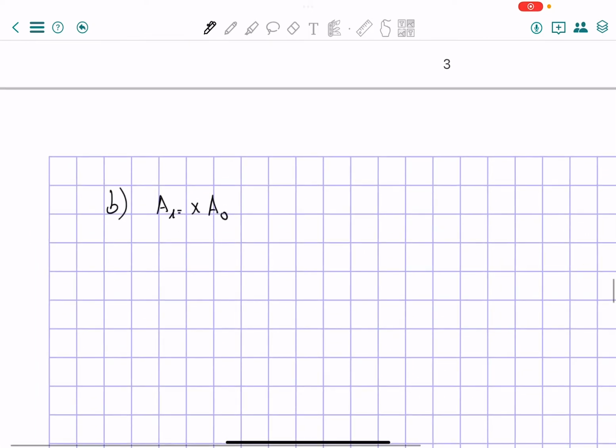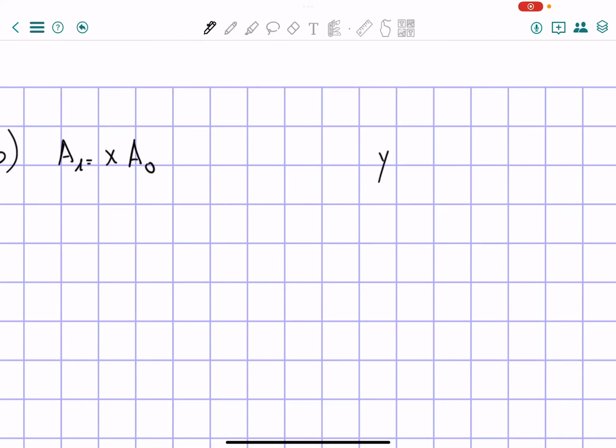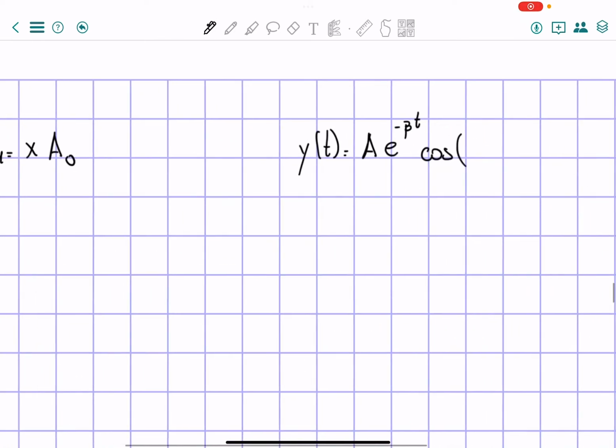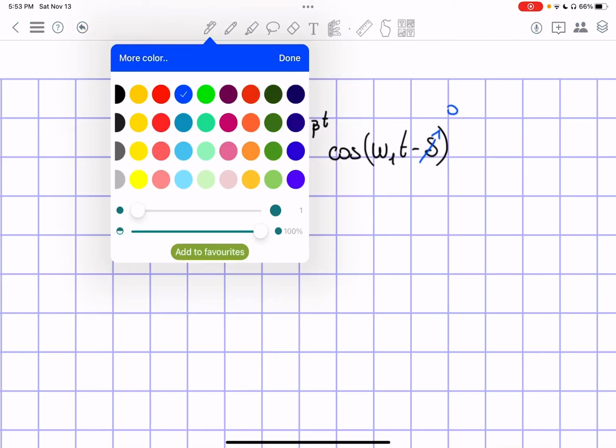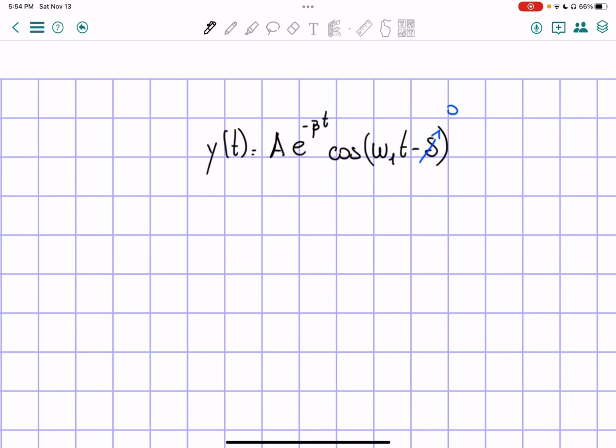Our general solution would be something like this: y of t is equal to A, which is our amplitude, times e to the power of negative beta t, times cosine of our frequency omega 1 times t minus a phase shift. Now the phase shift, we can assume it's equal to 0, and therefore y of t is going to be equal to A e to the power of negative beta t cosine of omega 1 t.